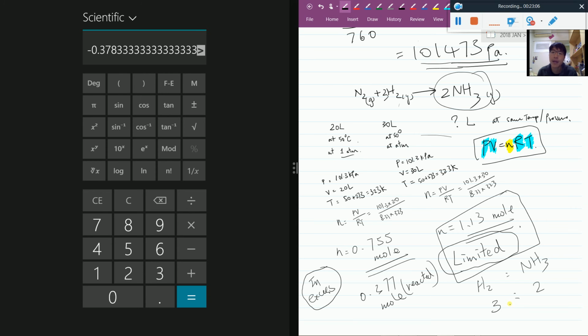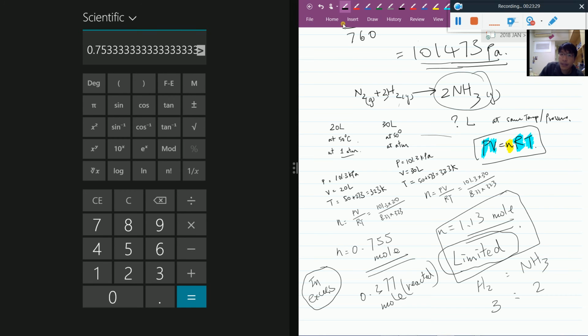So what is 1.13? 1.13 is divided by 1.5 because it's 1.5 times less. Right? Make sense? Then I will have 0.753 mole.